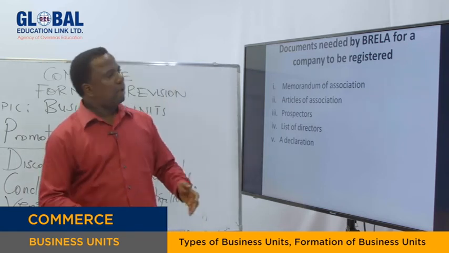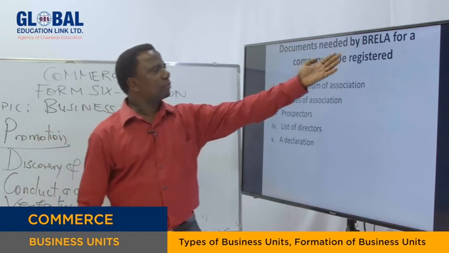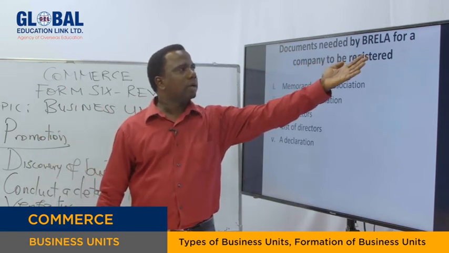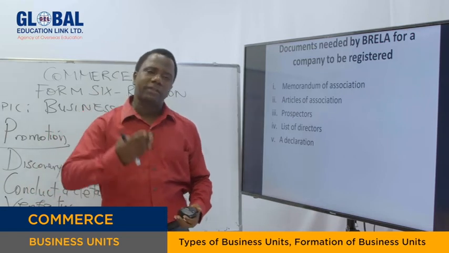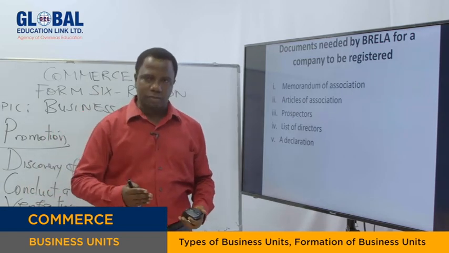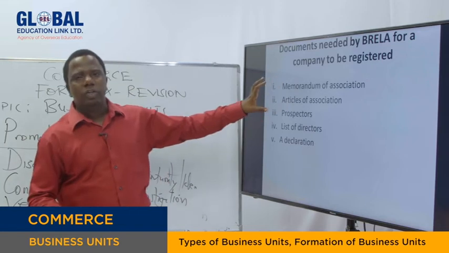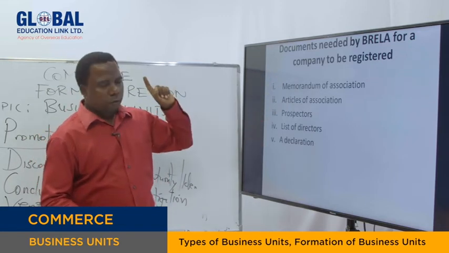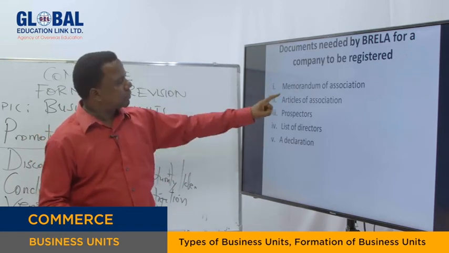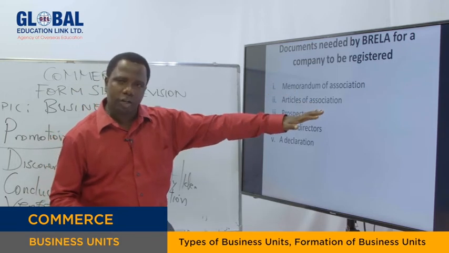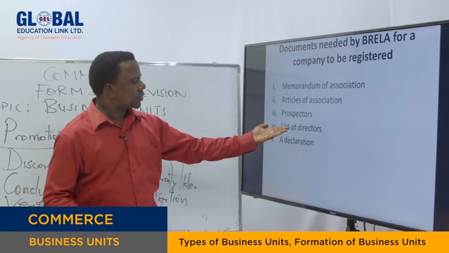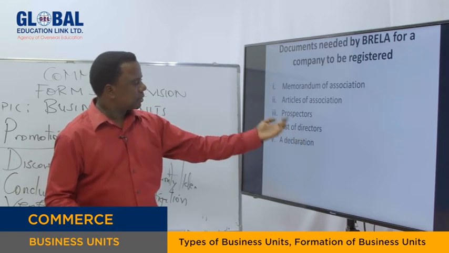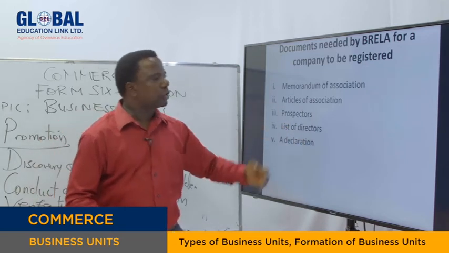So BRELA is the Business Registration and Licensing Agency, the one which registers business companies. So what are the documents needed by BRELA for a company to be registered? Number one is Memorandum of Association. Number two, Articles of Association, prospectus, list of directors, but also a declaration.